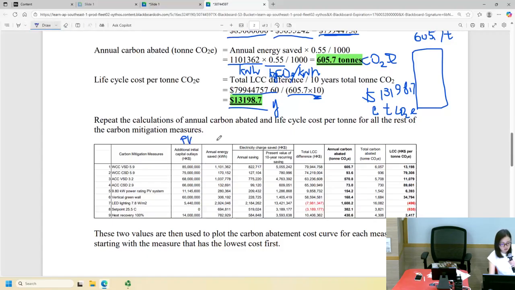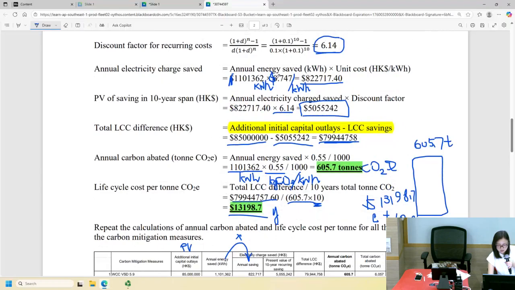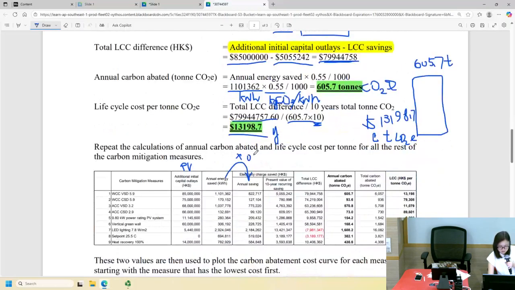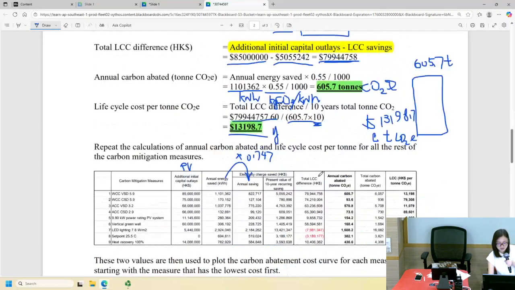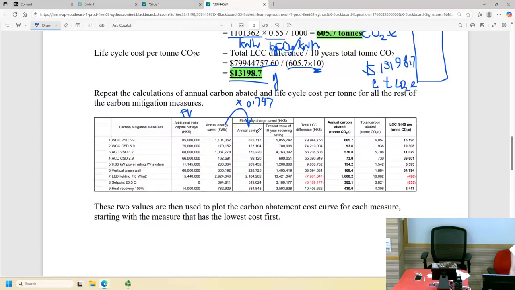And for the annual energy saving, this is the energy. So we can convert it into money saving by multiplying the unit rate, 0.747. Then you can calculate the annual saving in electricity charge.